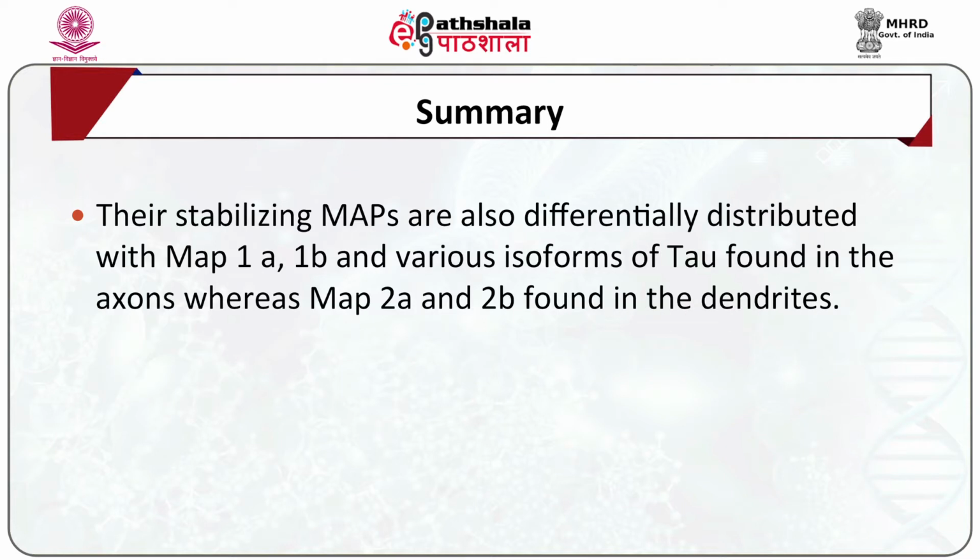Their stabilizing MAPs are also differentially distributed, with MAP 1A, 1B and the various isoforms of tau found in the axons, whereas MAP 2A and 2B are found in the dendrites.